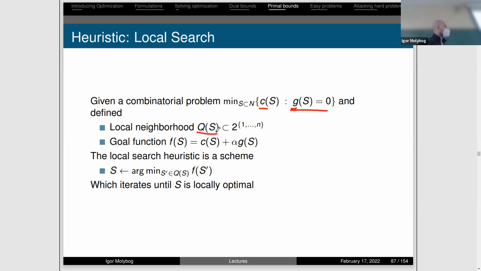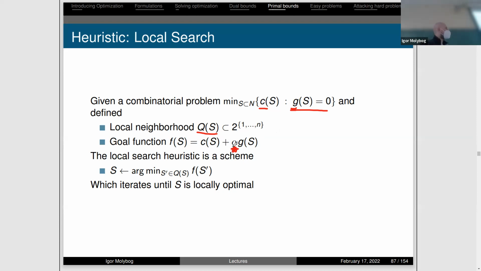We also formulate the goal function that is given to us by the scalar alpha, which defines how important it is for us to actually satisfy the system of equations in the feasibility constraint. If you really care about finding a feasible point, it would be wise to set this alpha to be a very large scalar.